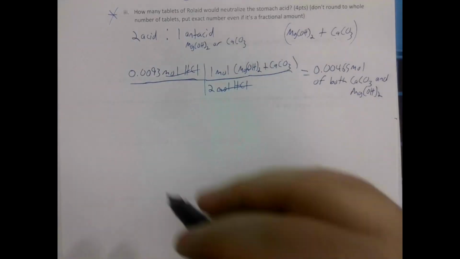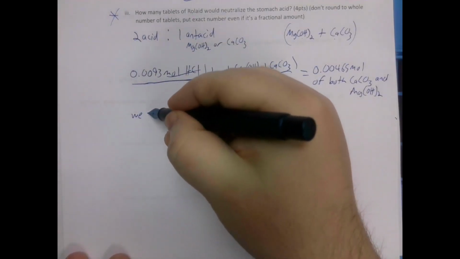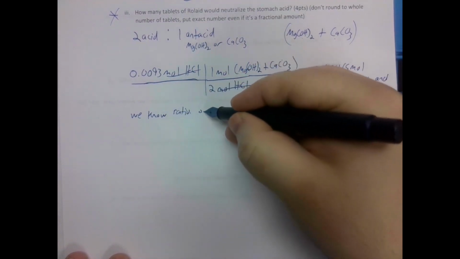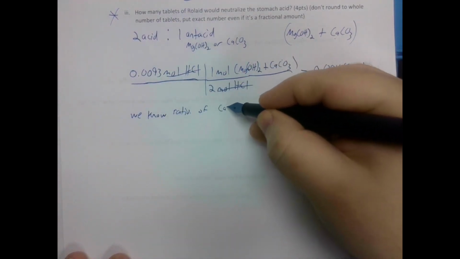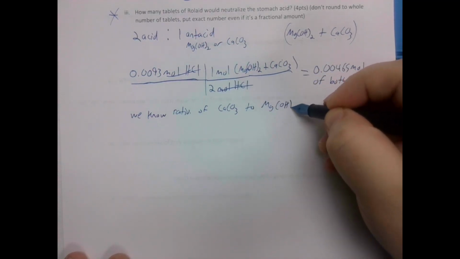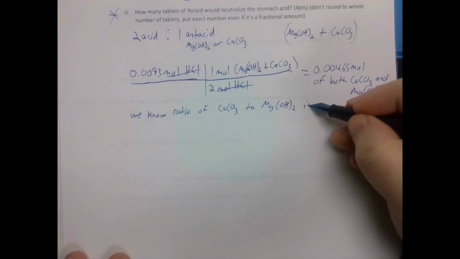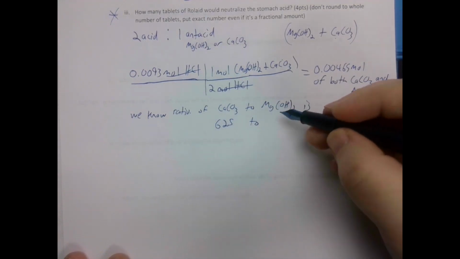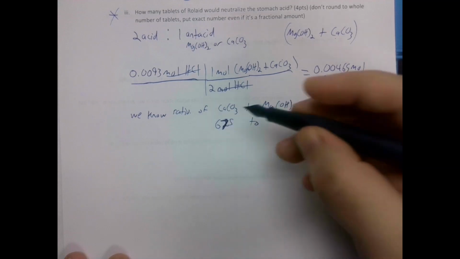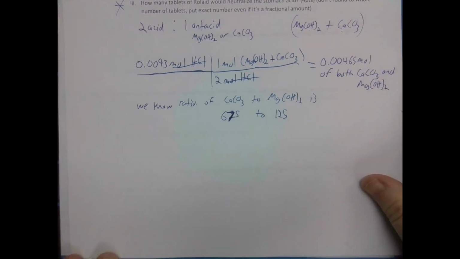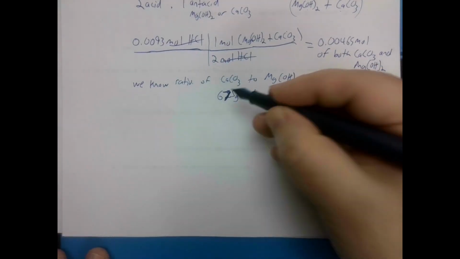We also know the ratio of calcium carbonate to magnesium hydroxide is 675 to 125. And I'm going to go ahead and do grams so I don't waste space.